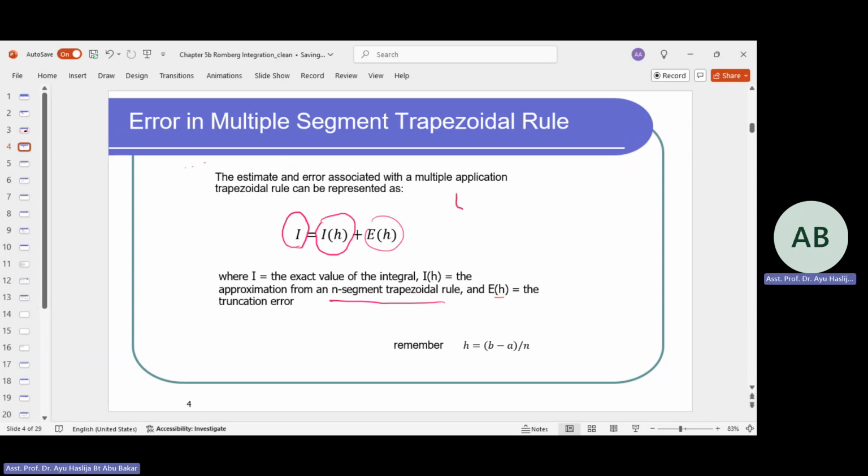Truncation error is the true value minus the approximate value. This is not the percentage. If it is the percentage, you divide by the true value times 100.